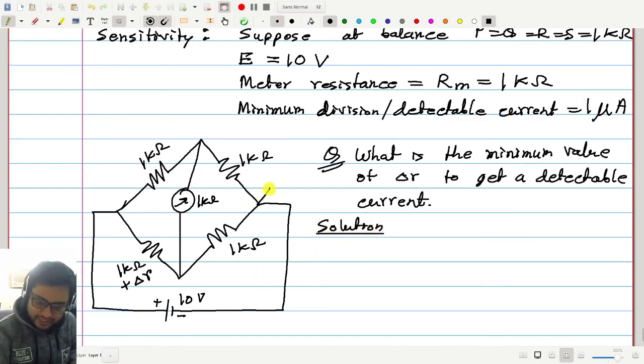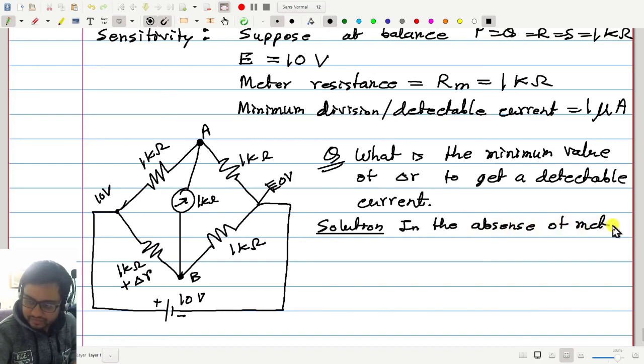So let me take this point as reference, 0 volt. This point is then at 10 volt. Okay, achha, then that means in the absence of the meter, let me call this point A and point B. So in the absence of the meter, this potential VA, how much is that? 0, 10, midpoint, so 5 volt, no doubt.